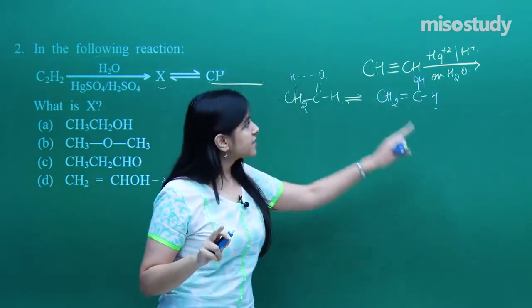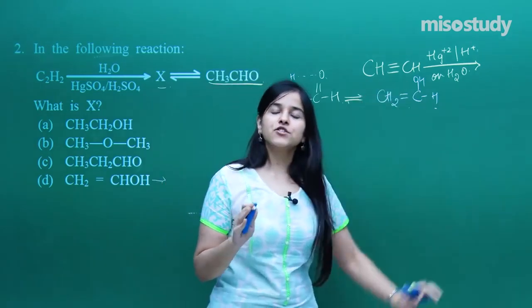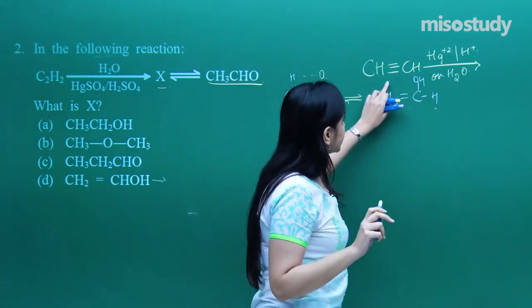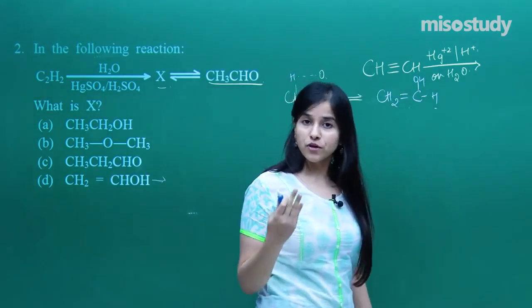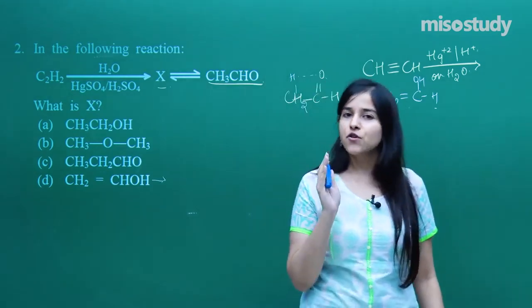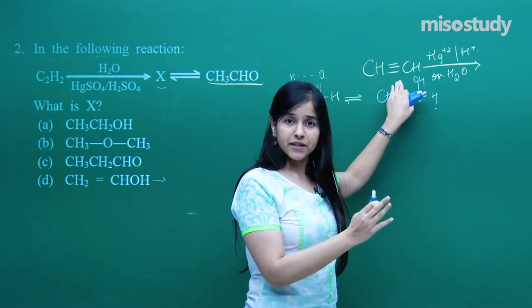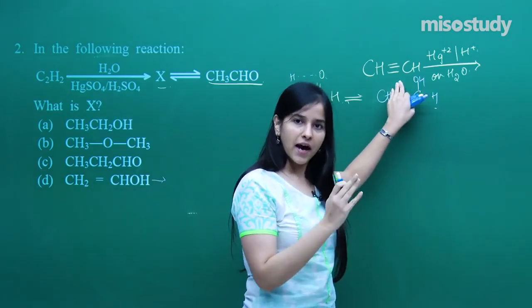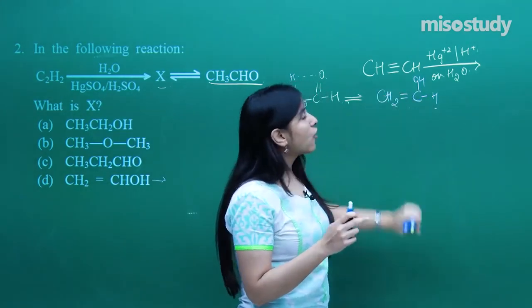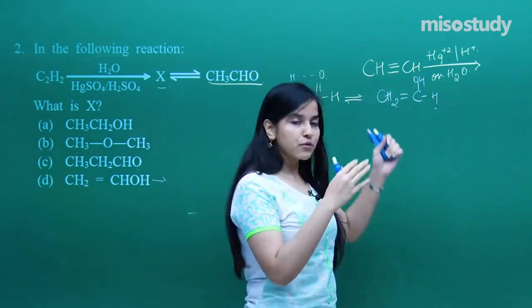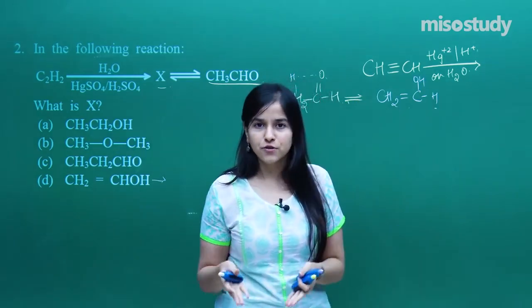Also, what about this reaction? This reaction always converts the double or the triple bonds into what? Into aldehydes or ketones. If the triple bond is on the terminal, it will be converting it into aldehyde. If it is somewhere in between, it will be converting into ketone.